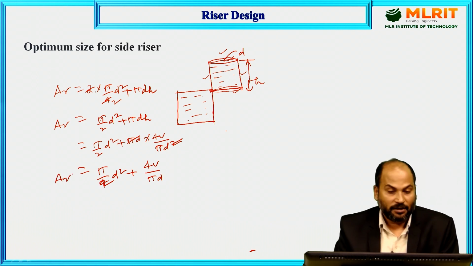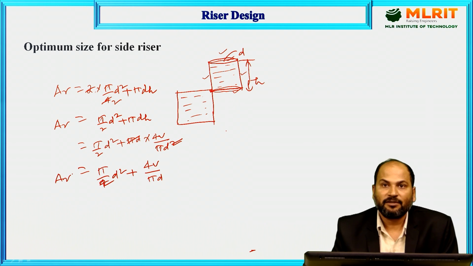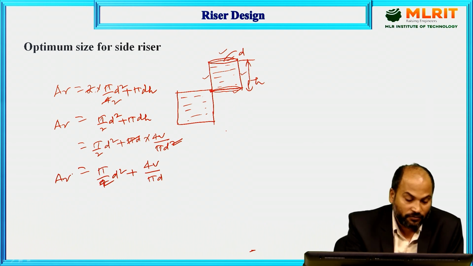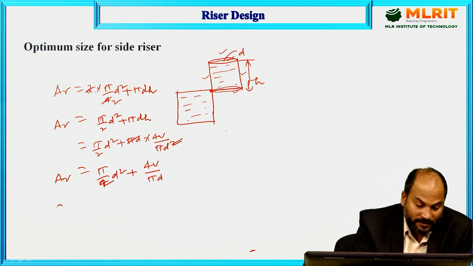Now we need the minimum area, that is the basic requirement for the riser design. So we will differentiate this expression with respect to diameter.